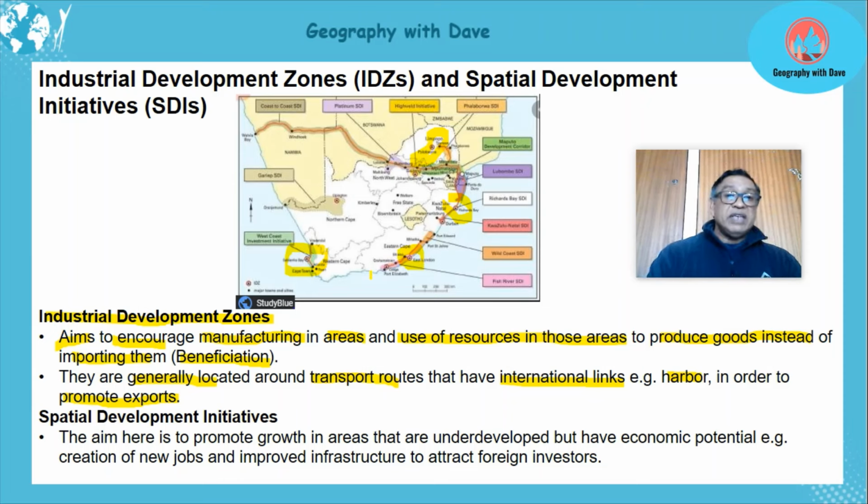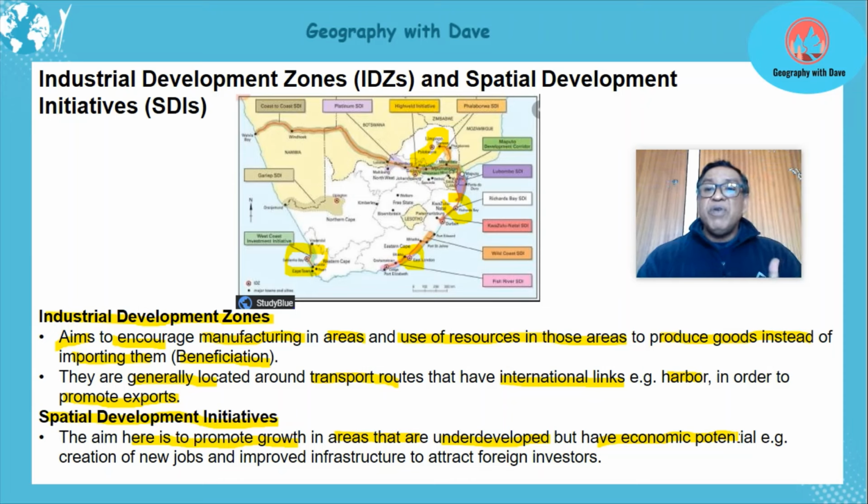Now, spatial development initiatives. What are they? We said an IDZ is a zone, an area. Here also the aim is to promote growth in areas that are underdeveloped but have economic potential. For example, the raw materials are there, and sometimes part of the infrastructure is there.